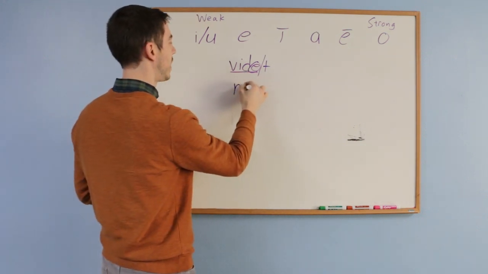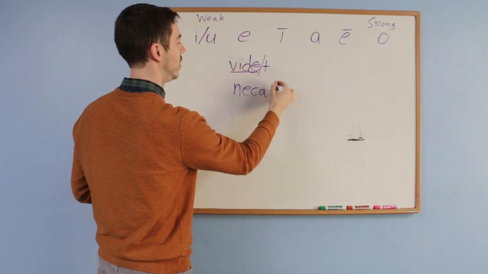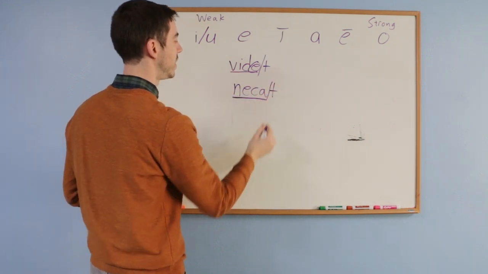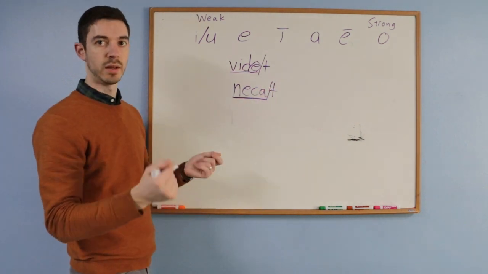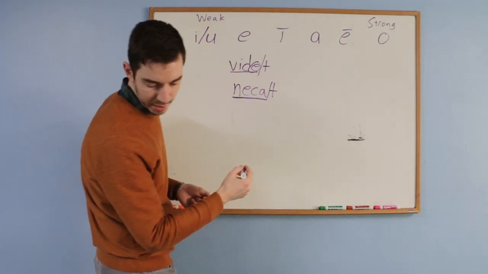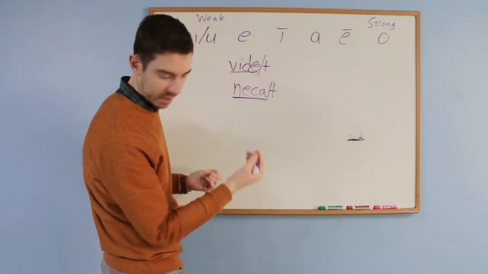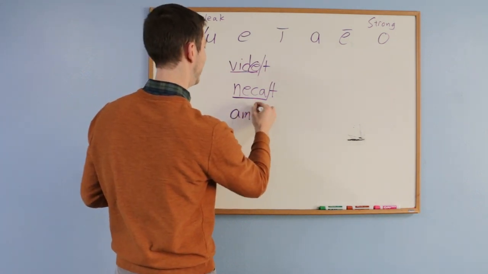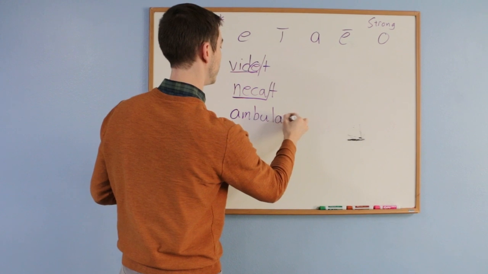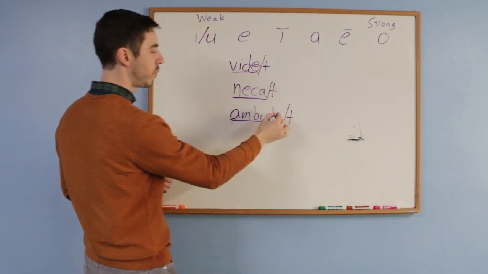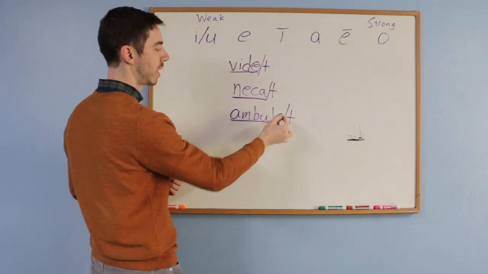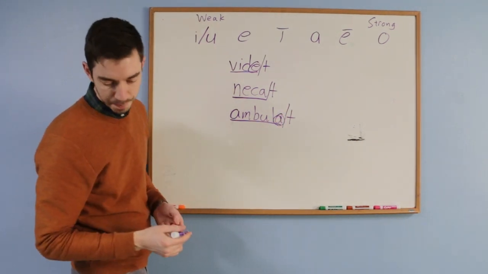Okay, negat. Again, we cut the T off, the stem is nega, and it ends with an A, so it's an A stem. Then ambulat again. I don't know why they're asking you this again, but we'll do it. Cut off the T, the stem is ambula, and again, it is an A stem.